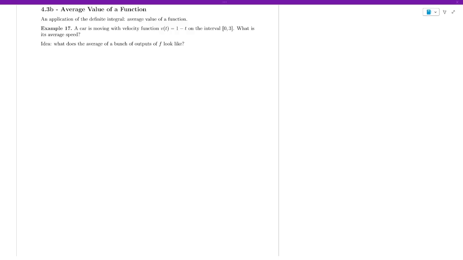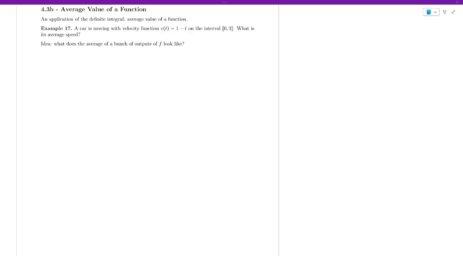First of all, let's think about what I mean by the average value of a function. In this example, it says a car is moving with a velocity function, v of t is 1 minus t, on the interval 0 to 3. What is its average speed? First of all, what does average speed even mean? If I'm driving, I could drive at constant speed the whole time.